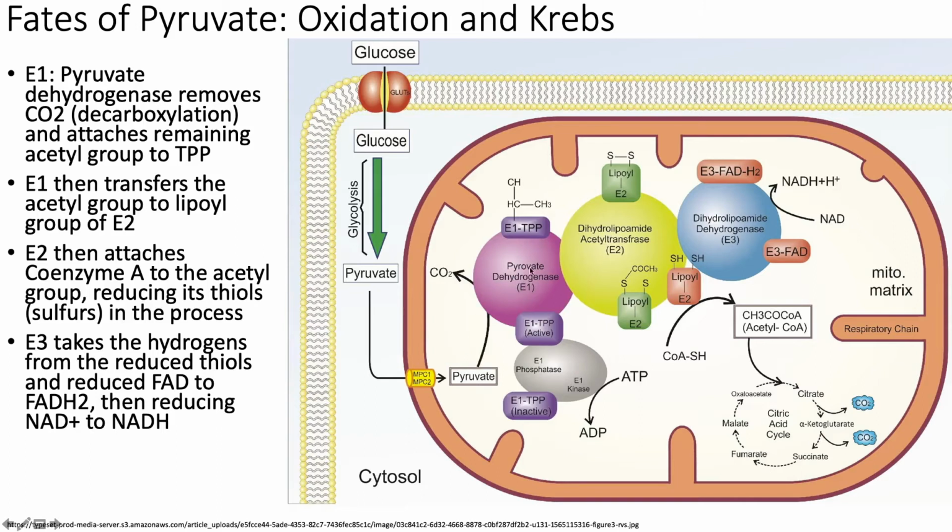And then we send it over to this crazy dihydrolipoamide acetyltransferase group, the E2 complex, which has all these sulfurs, right? We use that to kind of hold on to things, and we use that to actually move it over into the next step. And then as that's happening in between, we get a couple hydrogens on those sulfurs, which allows us to then reduce FAD to make FADH2. Okay, so we've seen this before.